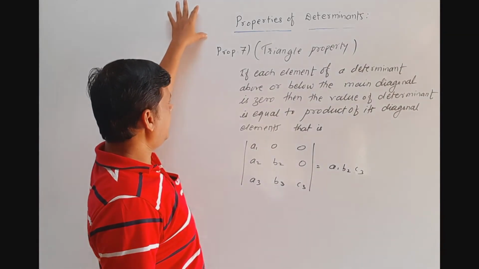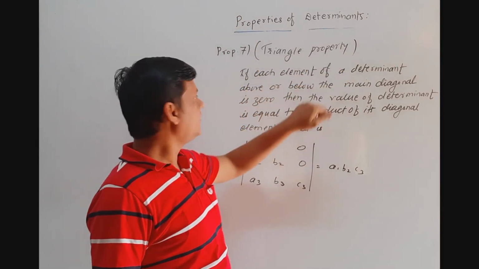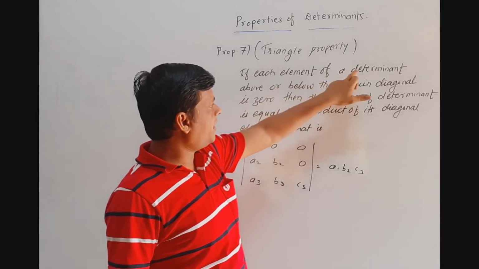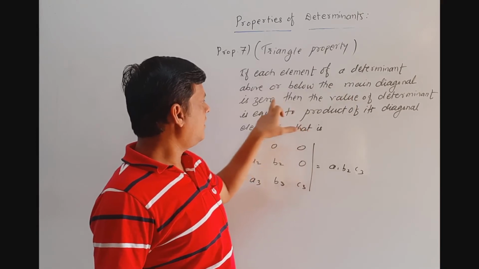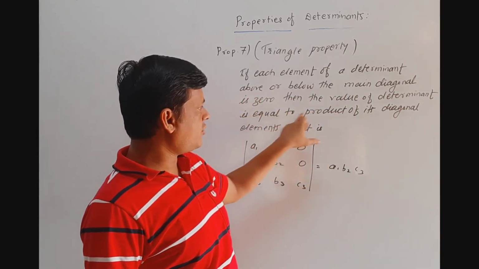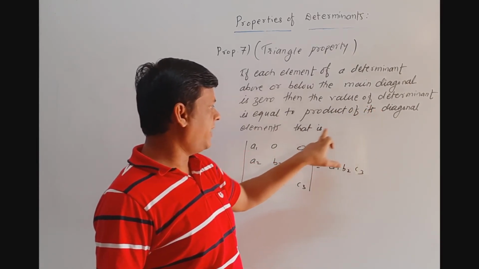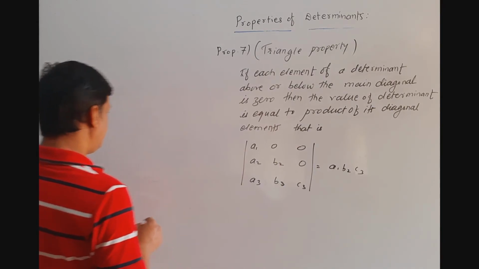Now last property, this property we call triangle property. If each element of a determinant above or below the main diagonal is 0, then the value of determinant is equal to the product of its diagonal elements. So first we discuss what is diagonal.